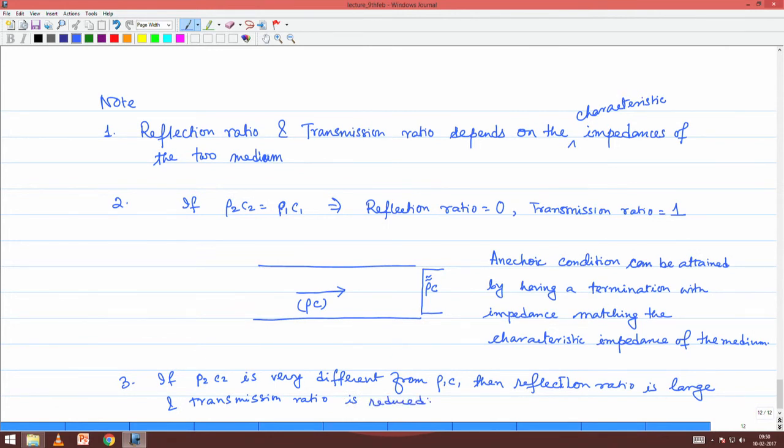As I said, there are applications of these observations in muffler design, which we will do in greater detail later on in this course.